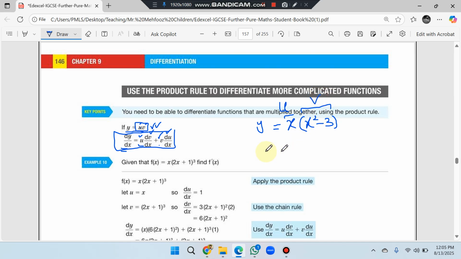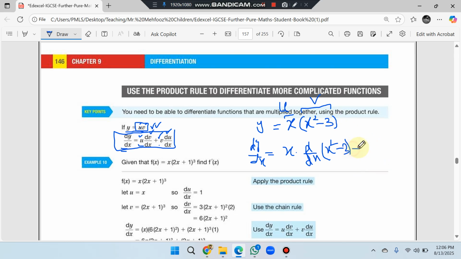Now the derivative, dy by dx, is equal to the first function as it is, that is x, times the derivative of the second function, which I write as d by dx of x square minus 3. Understand or not?